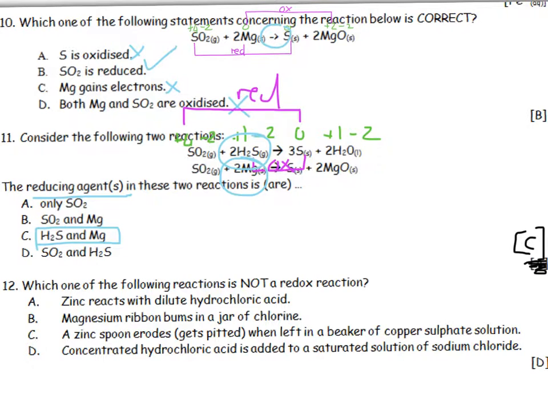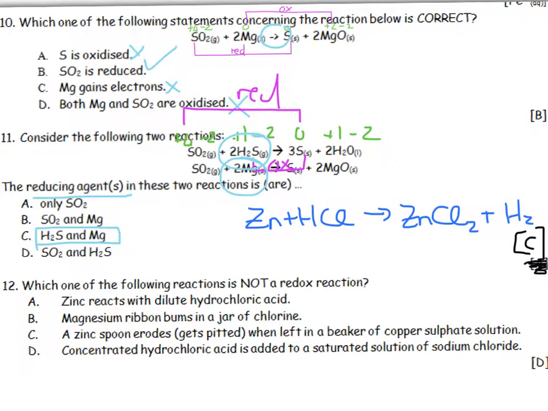Which one of the following reactions is not a redox reaction? Now, this is quite hard, and it's probably the hardest question there was here. You have to think them through. Zinc plus hydrochloric acid, you are supposed to know that a metal plus an acid gives me a salt plus hydrogen.